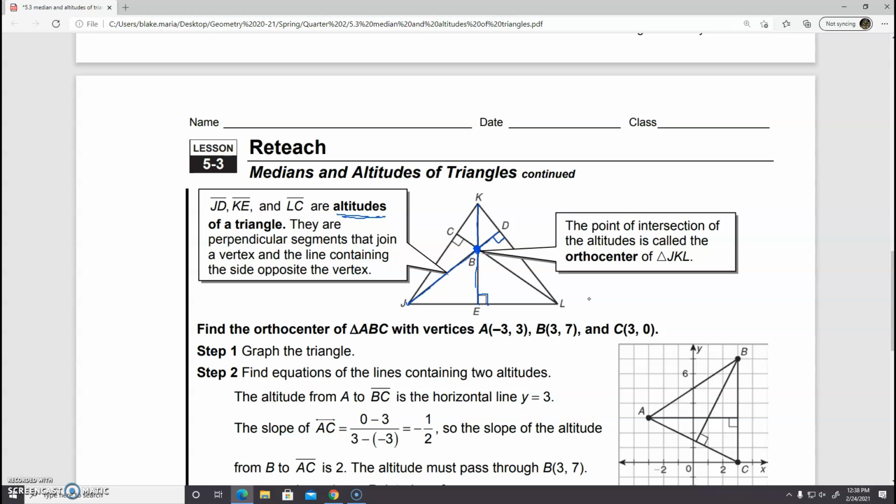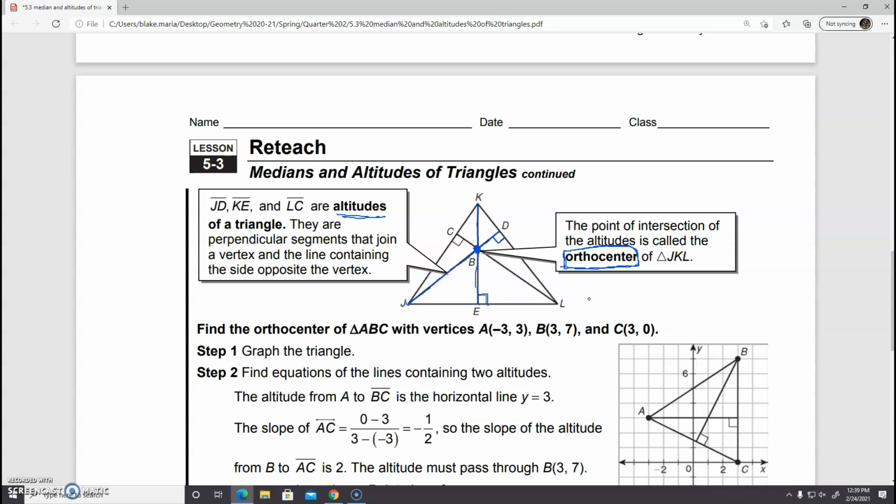They're all going to cross at point B here, and you would call point B the orthocenter. We're not really going to learn anything special about the orthocenter, so we're not going to do this. There's really not much special about it, other than the altitudes are concurrent, so they will all cross in the same spot, which is special. But other than that, they named it. There's not really any special theorems.